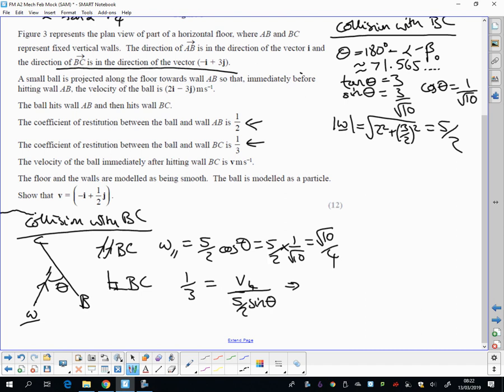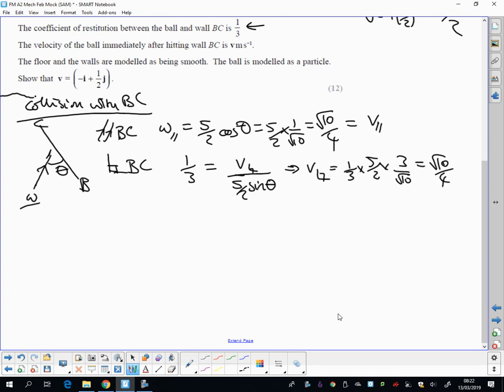So the velocity perpendicular afterwards is going to be 1/3 times 5/2 times sine theta, which is √10/4. Obviously, parallel to the wall, there's no change in velocity, so our approach and our separation are going to be the same.